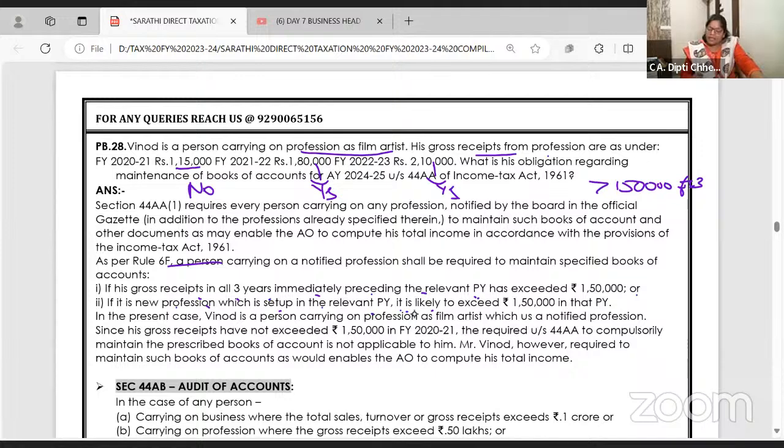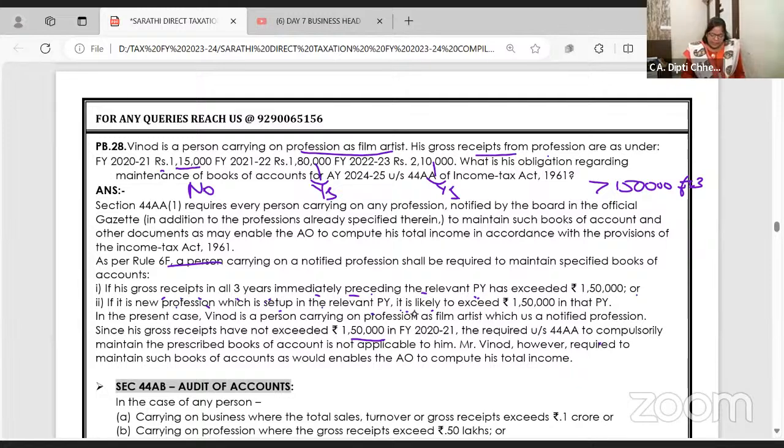Now, okay. If the gross receipts in 3 years exceed 1,50,000 or if it is a new profession, it is likely to exceed. In the present case, Vinod is carrying on profession of film artist which is notified, and since the gross receipts do not exceed 1,50,000 in the first year, he doesn't have to maintain the books.